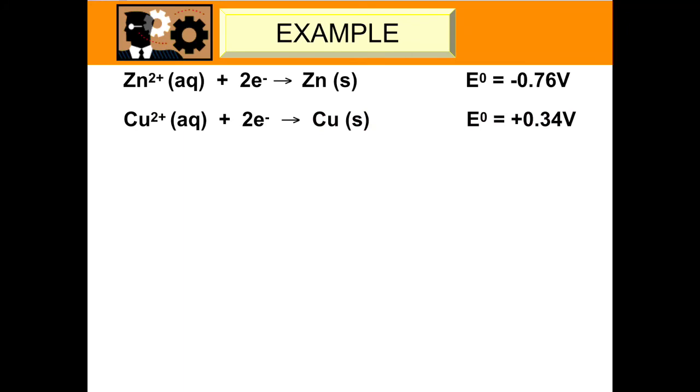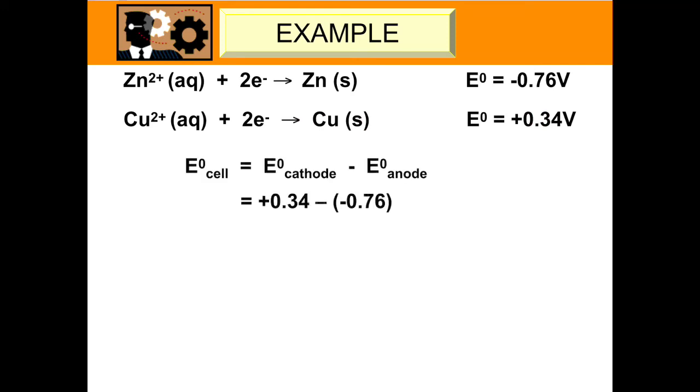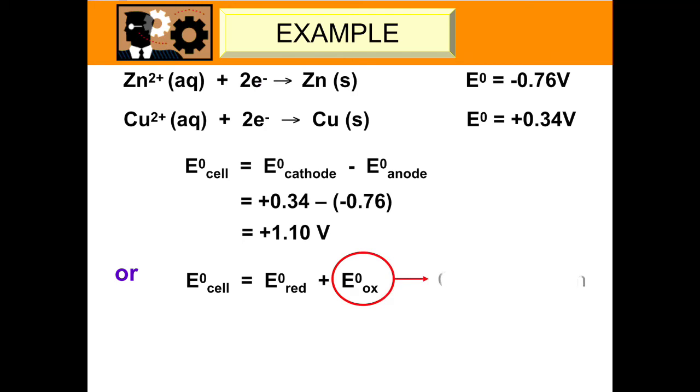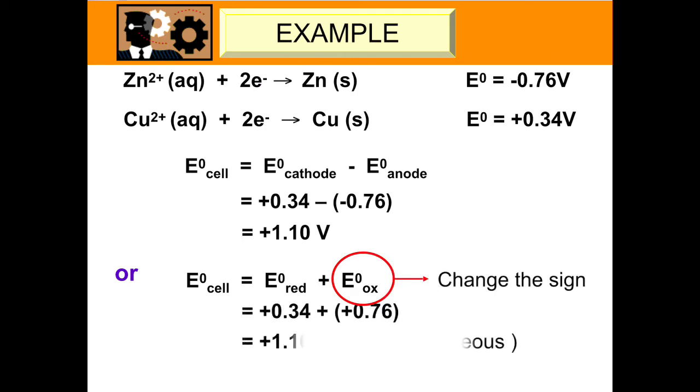As we have calculated before, using the first formula, we get E0 cell as 1.10 volt. And if you want to use the latter formula, we have to remember to change the sign for oxidation from negative 0.76 to positive 0.76, and we will get the answer as 1.10 volt.